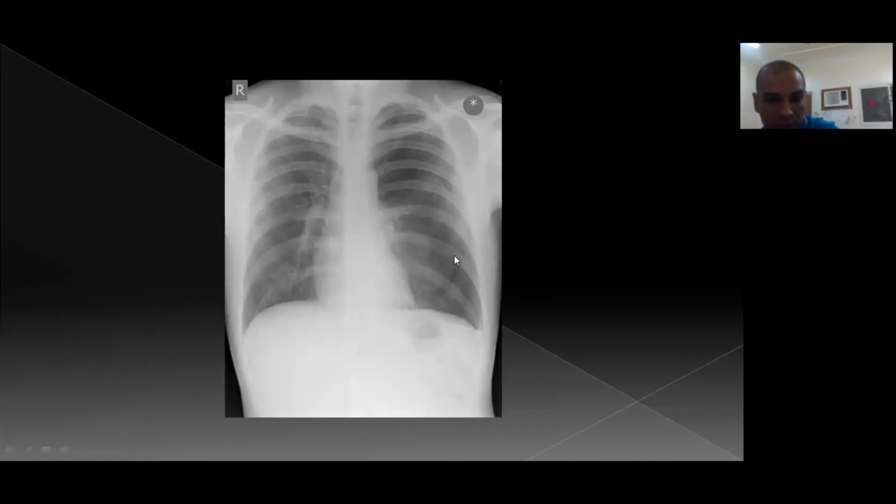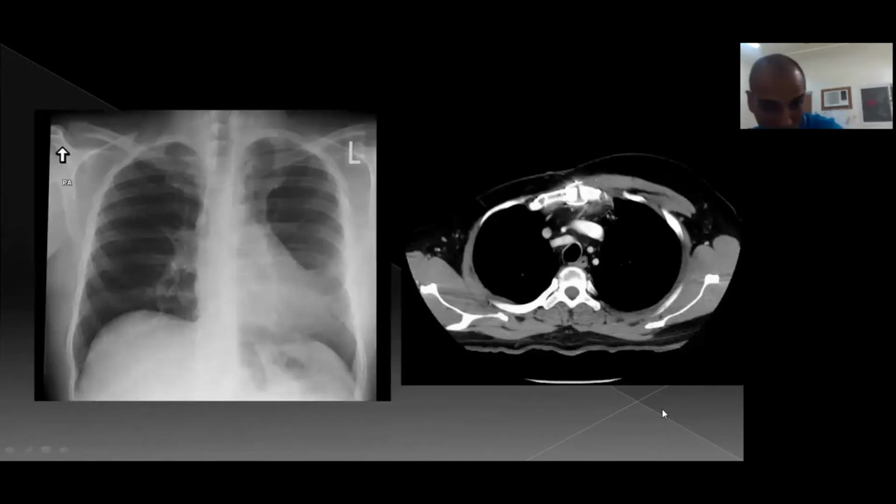Look at this one. This is lung tissue, this collapsed lung, and this is a massive pneumothorax. Is it tension pneumothorax? Yeah, there is a little bit of tension pneumothorax. Why? Because this diaphragmatic copula is flattened more than the right side. So we have some sort of tension pneumothorax.